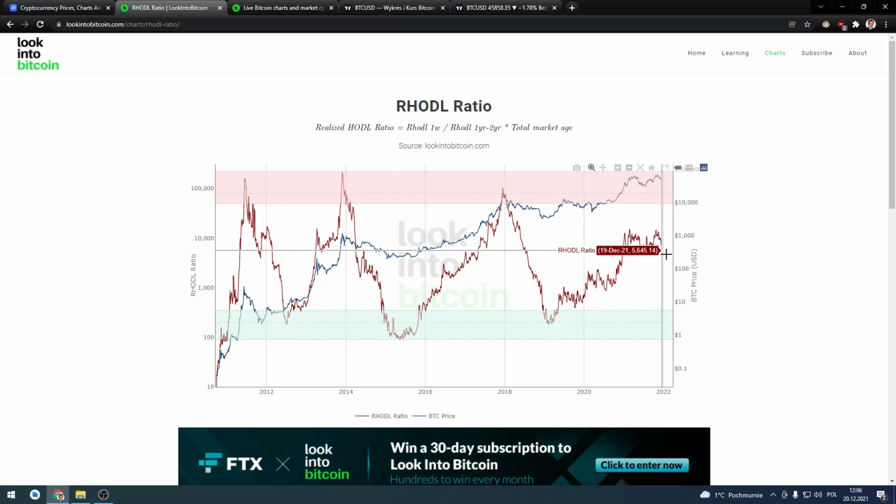So it means that our HODL ratio, this red one, should go higher, and the price will be lagging a bit for a while. It can lag a bit, but in the end, we should get another spike up, and we should see another top.